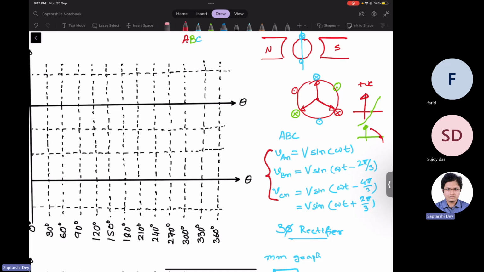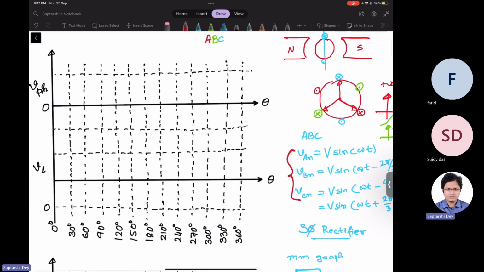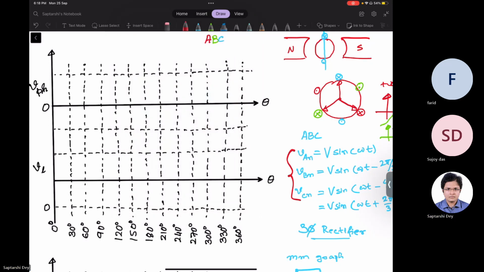So from the phase voltage equations that we have written here, we can say that VAN has positive zero crossing at theta equals 0. Theta is omega t. Now, what we will do is we will quickly mark the zero crossings and the peak values of the waveforms.